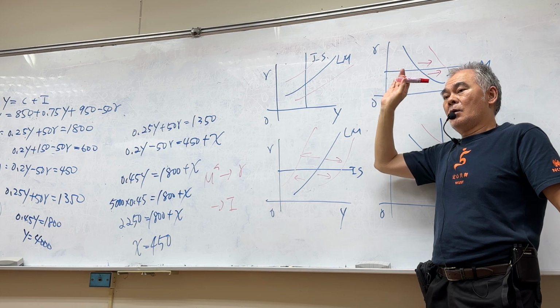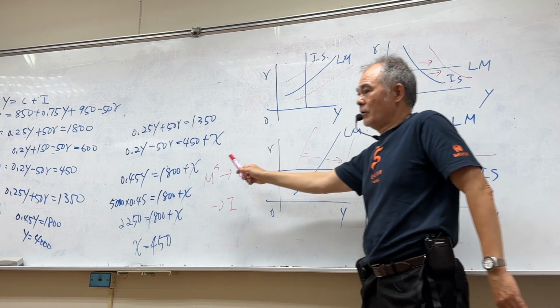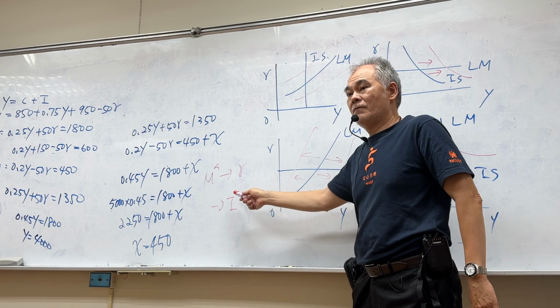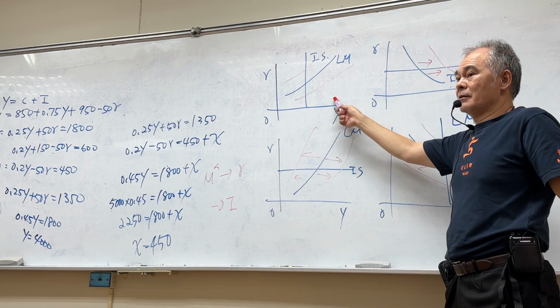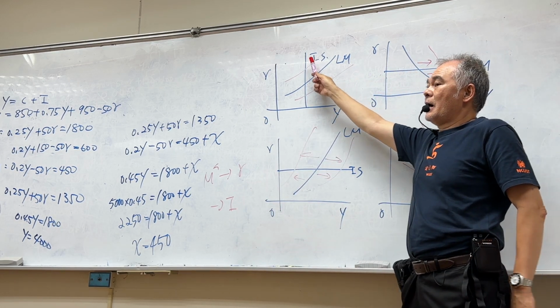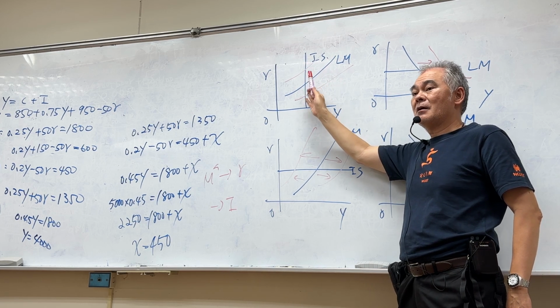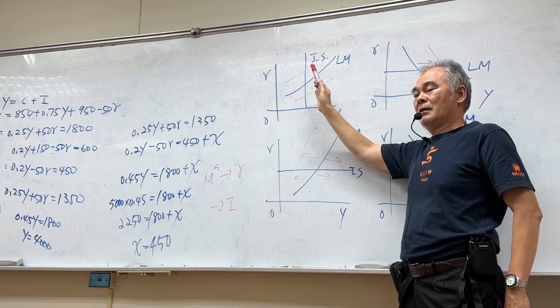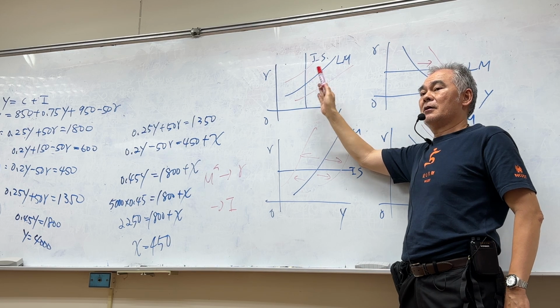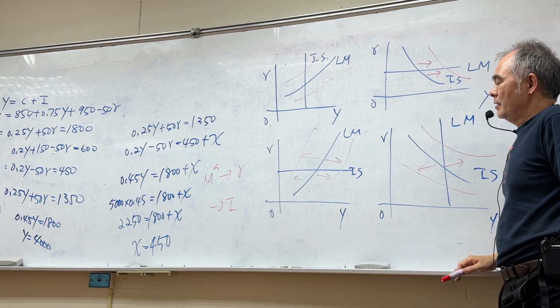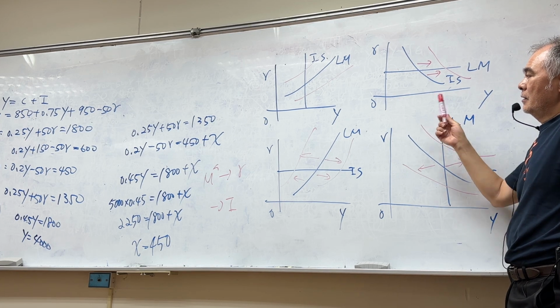But here, if the IS curve is vertical, very steep, that means investment is not affected by interest rate changes. So basically, that is the idea here.